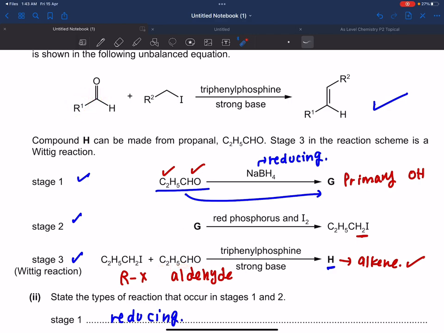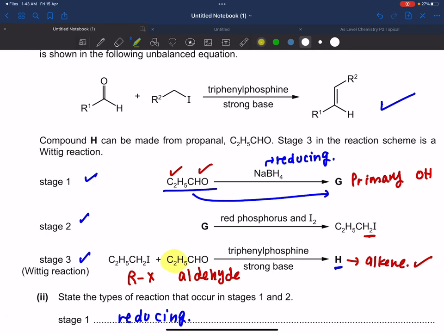So this part is R1. Same for the halogenoalkane: there is a carbon here, and 2 carbon atoms left in the R2 chain. So this is R2. R1 and R2 are basically the exact same thing according to this question.